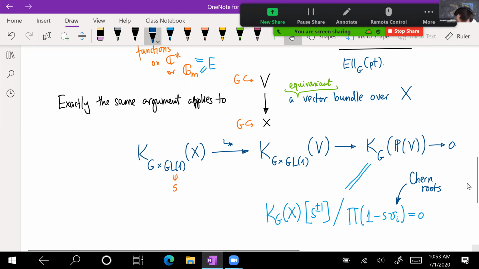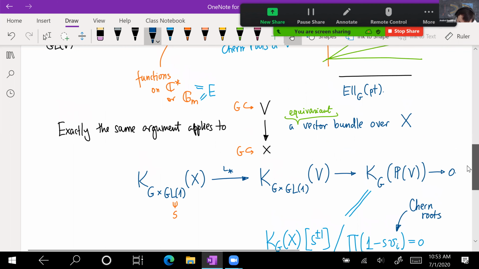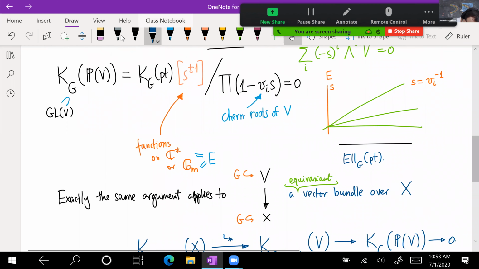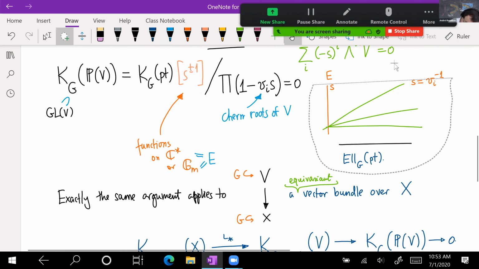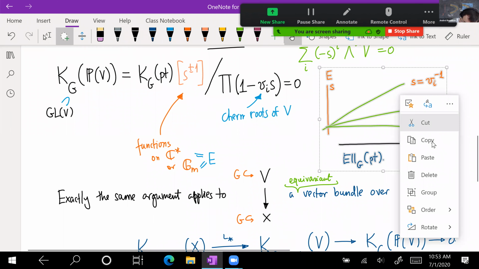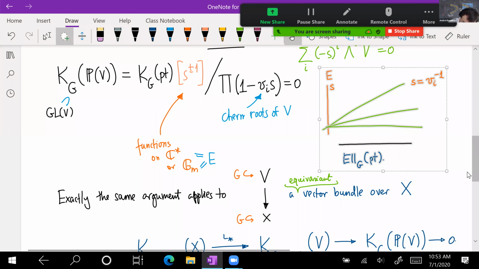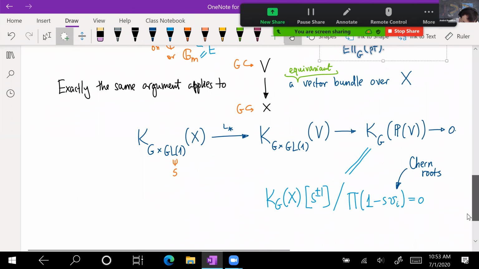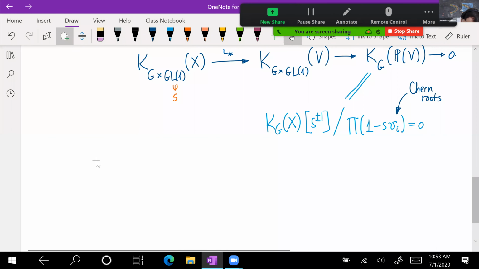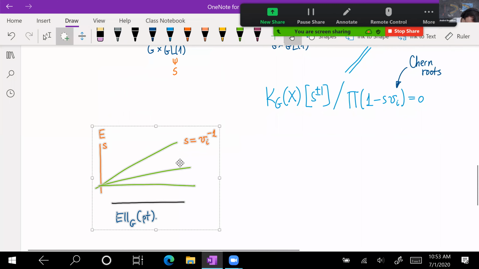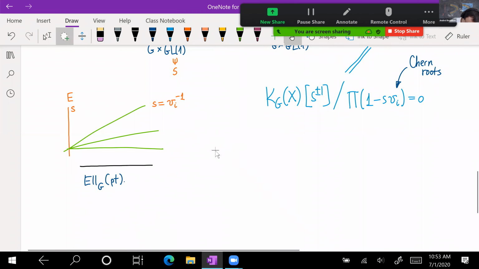So this means this is a scheme that looks exactly as before. Let me copy this and paste it here, except here, instead of a point, I take X.